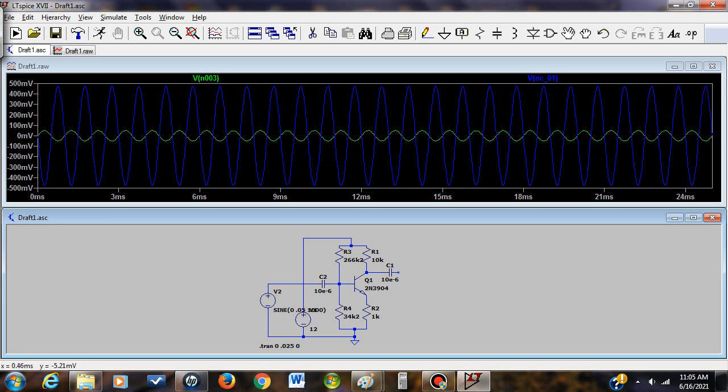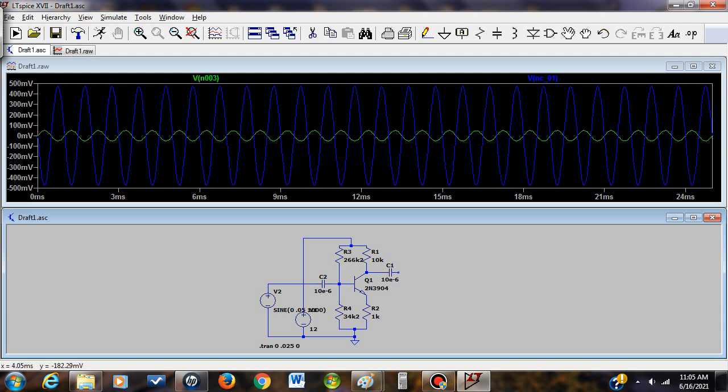So we can see that the input is about, as we stated, 0.1 volts peak to peak that's being sent in there. And the output, as we can see here, is going to be approximately about 1 volt peak to peak. So it indeed does have a gain.